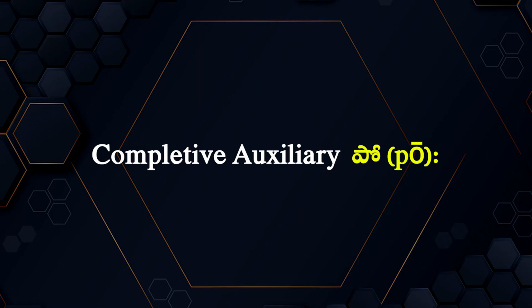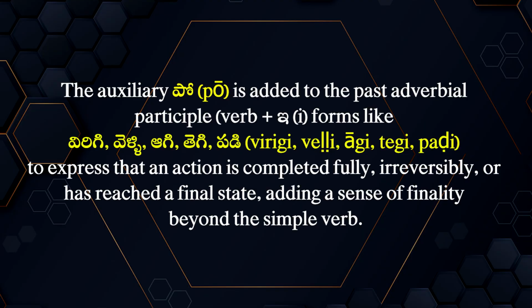Next one, completive auxiliary po. The auxiliary po is added to the past adverbial participle. Verb plus e forms like virigi, velli, agi, tegi, padi express that an action is completed fully, irreversibly, or has reached a final state, adding a sense of finality beyond the simple verb.